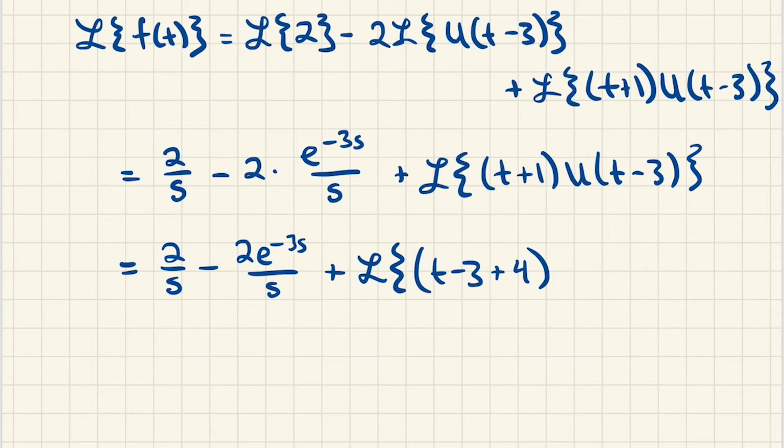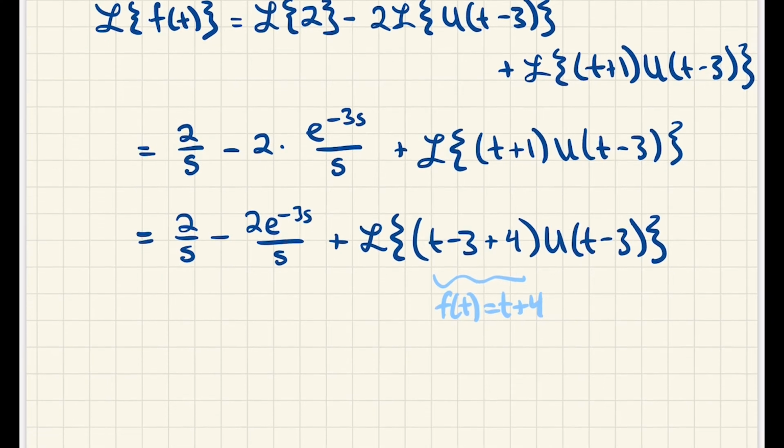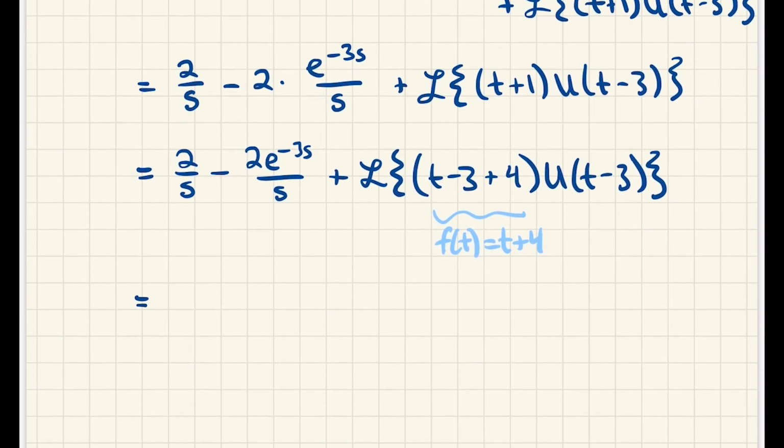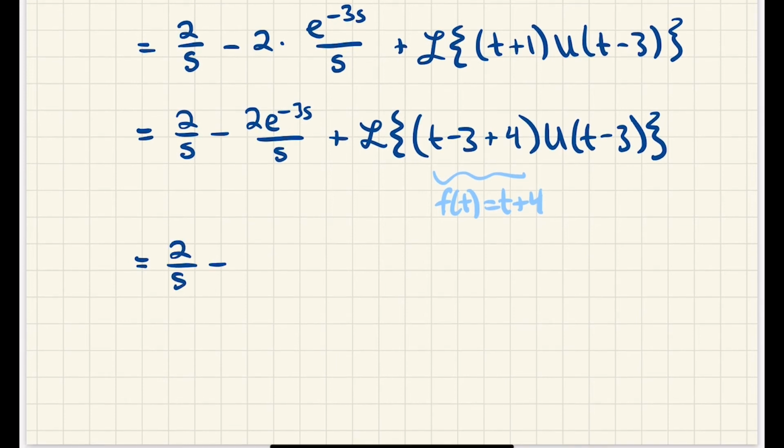So we can think of our f of t as t plus 4, and t was replaced by t minus 3. All right, so let's use the second translation theorem. So this is going to be e to the negative 3s times the Laplace transform of what our f of t is here, so that'll be t plus 4.